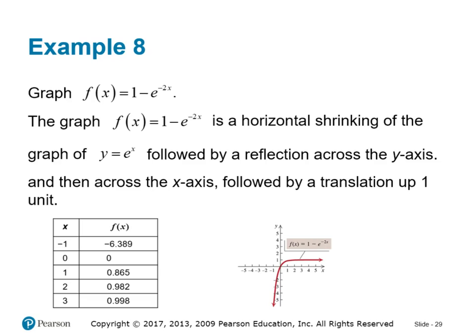I'm going to remind you that this could also be written as minus e to the negative 2x plus 1. Right? So this negative flips it over, and then we're going to be approaching the 1.